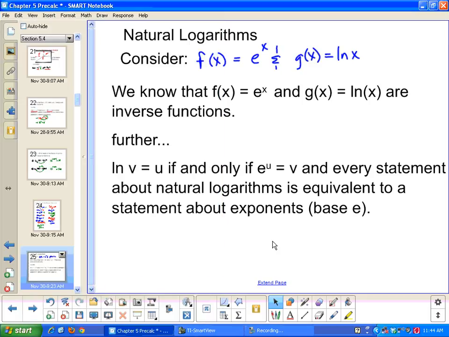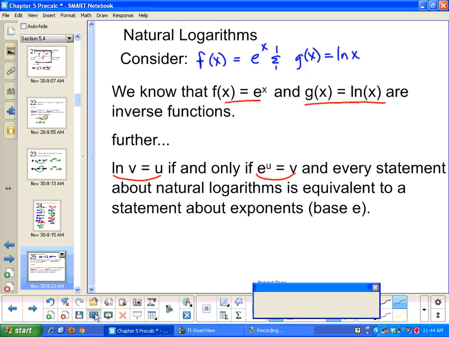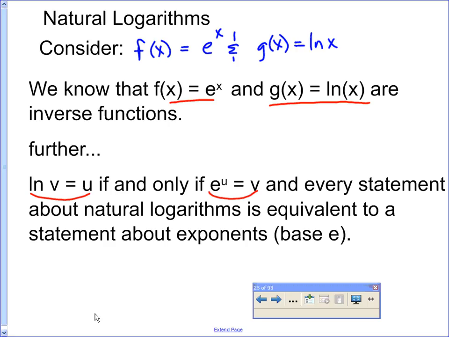So what do we know? We know that f of x is equal to e to the x and g of x equal to the natural log of x are inverse functions. And again, like I said in the last one, the natural log of v is equal to u if and only if e to the u is equal to v. So again, let's take a closer look at that statement. The natural log of v equal to u, that has a base of e.